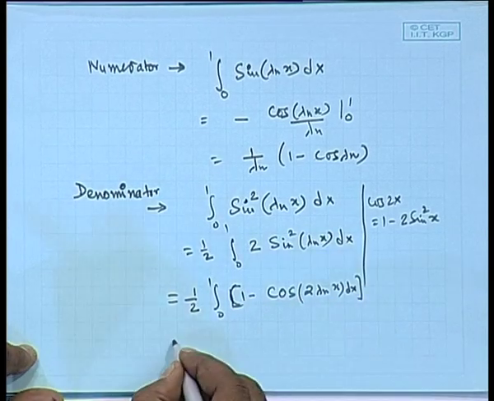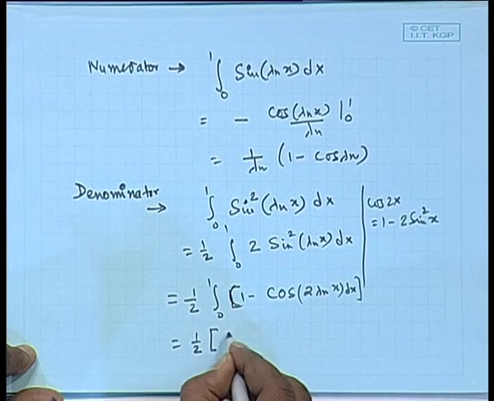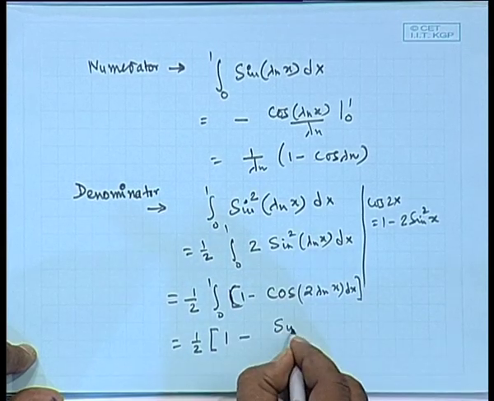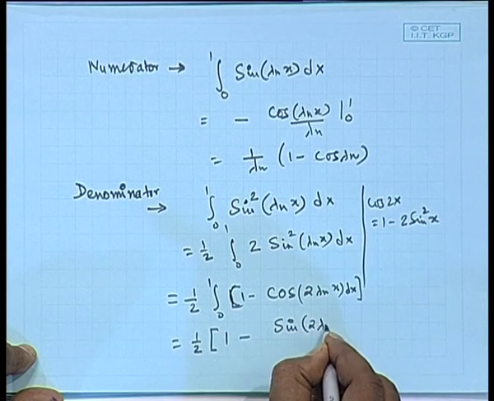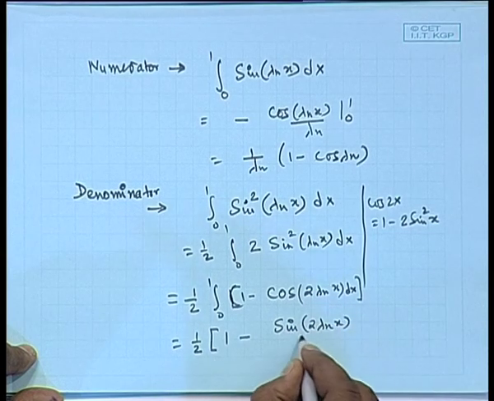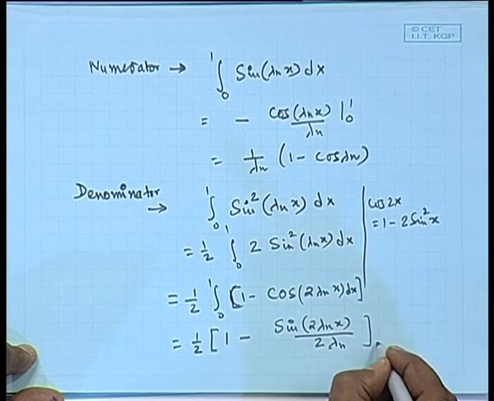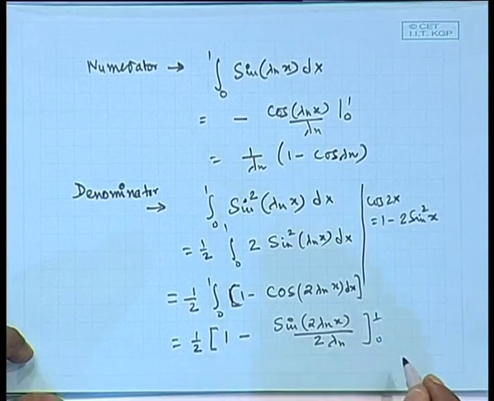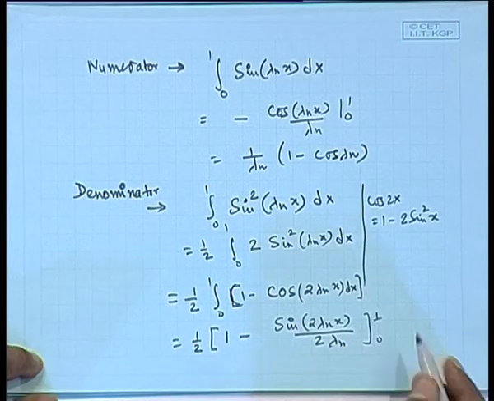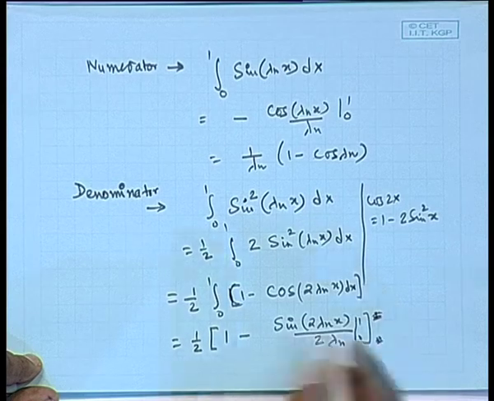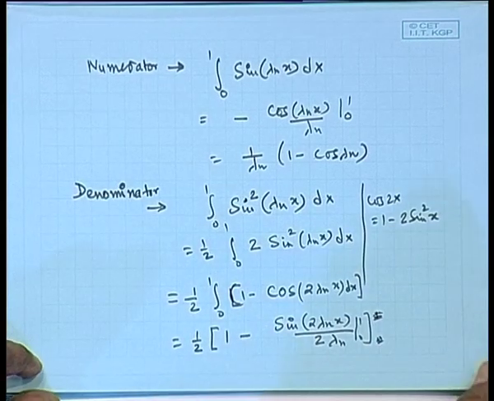The first term will be 1. The second term will be sine 2 lambda n x divided by twice lambda n, 0 to 1. This is already evaluated.